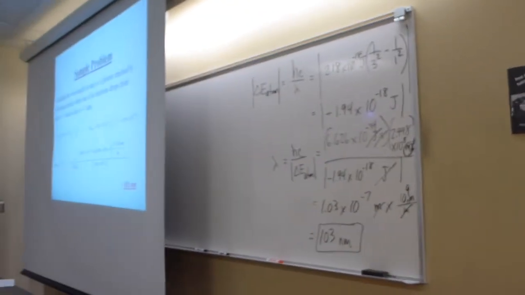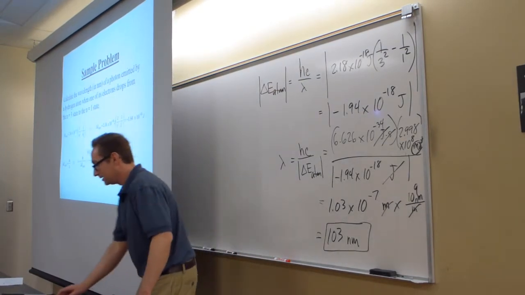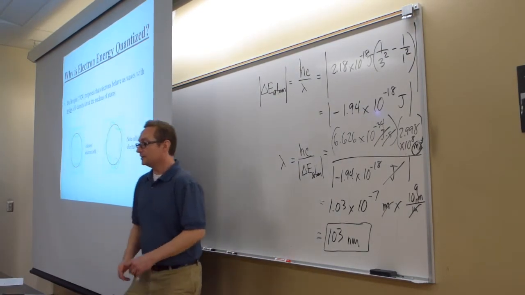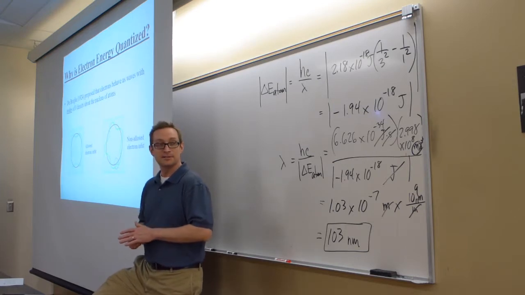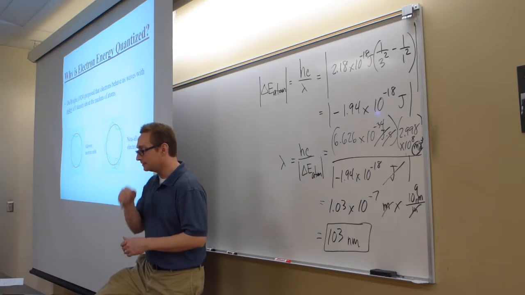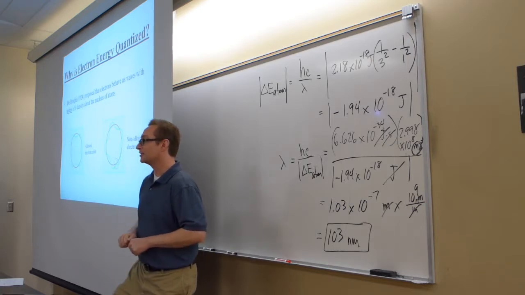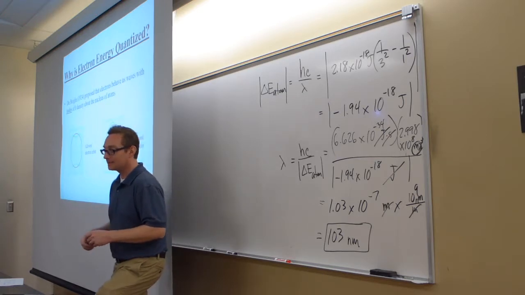All right, so that's electrons. But here's the thing. In the late 1800s, Thomson discovered the electron, and he was able to measure the mass-to-charge ratio of the electron.